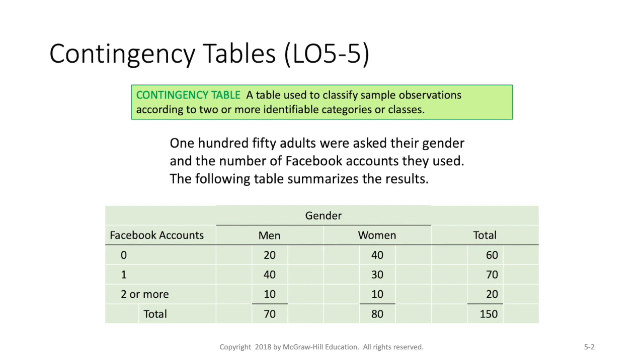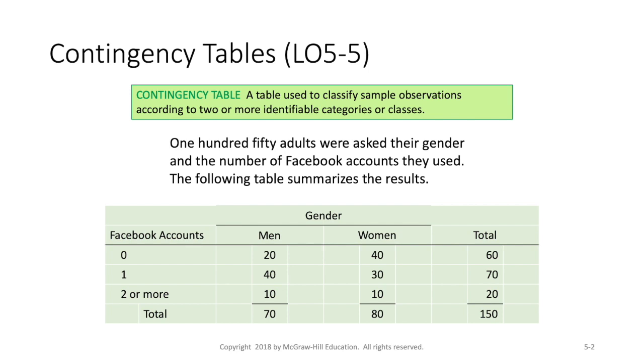In this example here, we had a sample of 150 adults, and they were asked both their gender and the number of Facebook accounts they used: 0, 1, or some had 2 or more. So you can see our total sample size here was 150. That was broken down into 70 men and 80 women.